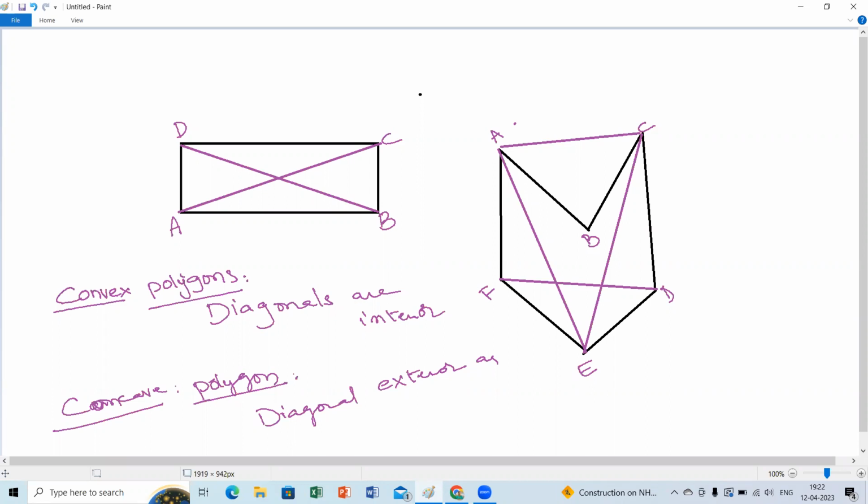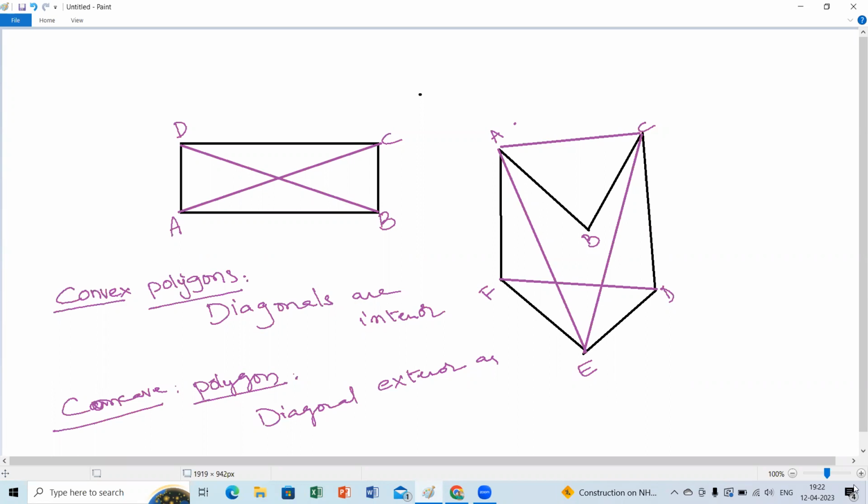Yes, I'm asking what is another difference between convex and concave. Please observe the angles too. In concave polygon angles, please observe carefully.